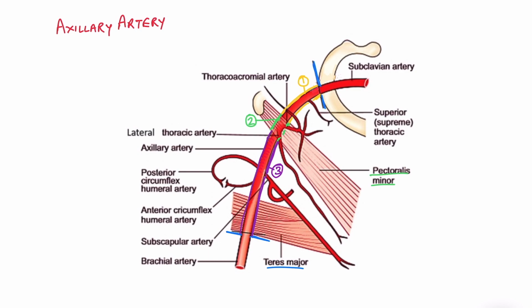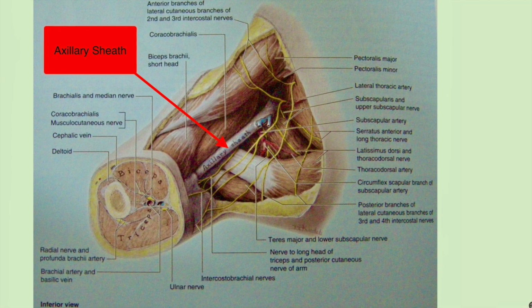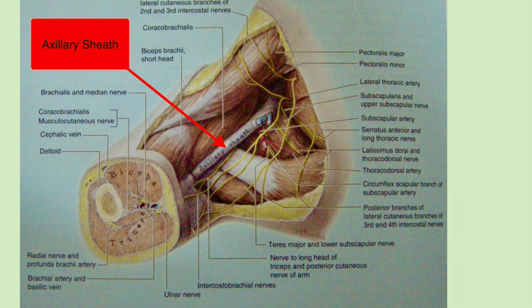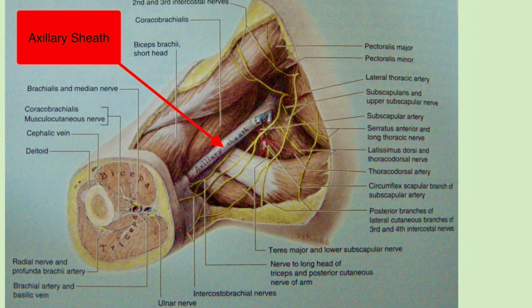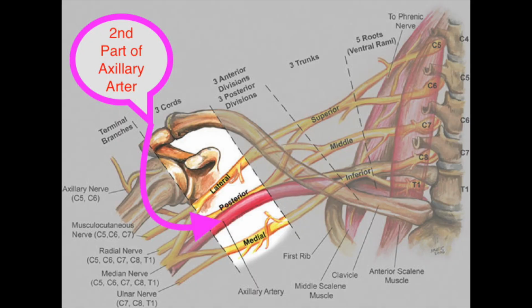Remember, the course of this artery is accompanied by the cords of the brachial plexus, and all of it is enclosed in the continuation of prevertebral fascia that's called axillary sheath. Remember the three cords of brachial plexus are named according to their relations with the axillary artery at its second part.